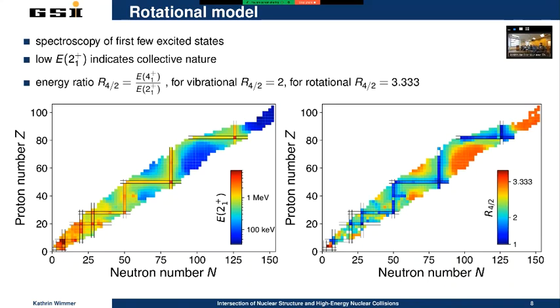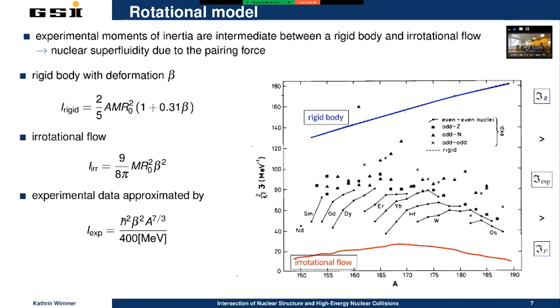Is there some theoretical motivation behind this formula on the left hand side? Okay. So this is just an approximation. The experimental data on average is best reproduced by this formula.